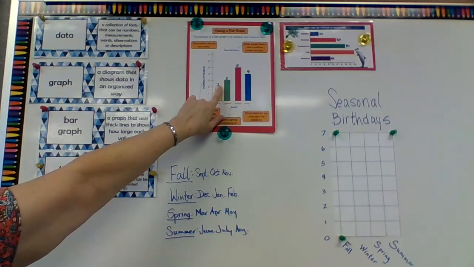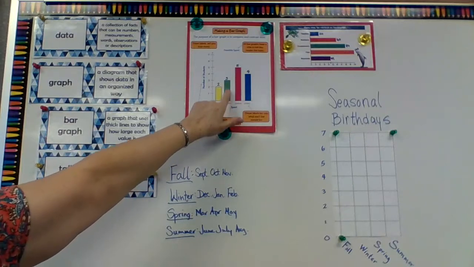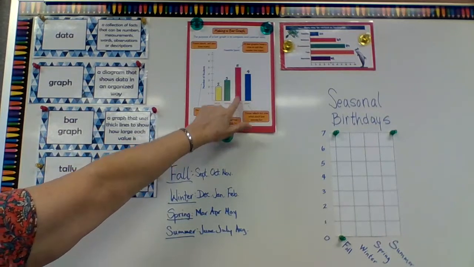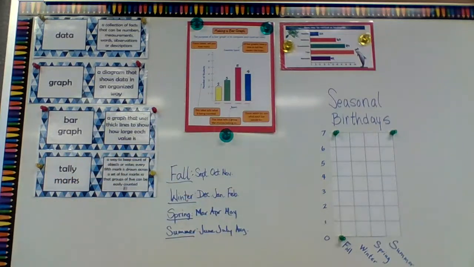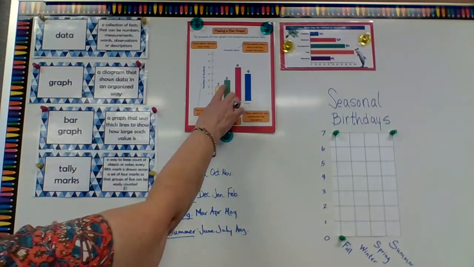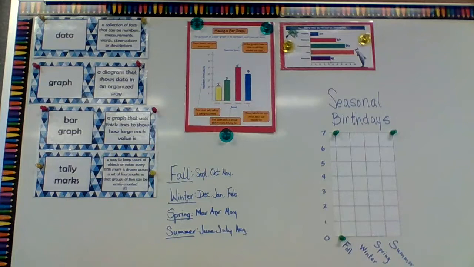So 2 people chose soccer, and I wrote the answer right here. Basketball, 3 people. Football, 5 people, and hockey, 4 people. Now notice I wrote 2, 3, 5, and 4 at the top of the bar. We do that because it makes it easier, because we don't have to keep going back over here every time there's a question to find the answer.